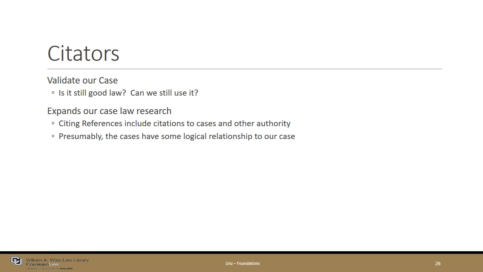What the citing references do is provide all of those cases after our case was decided that are related to our case. So it's future looking, if you will, future looking from the point in which our case was decided, review of cases. So at this point, let's go ahead and do a demonstration of the citator.